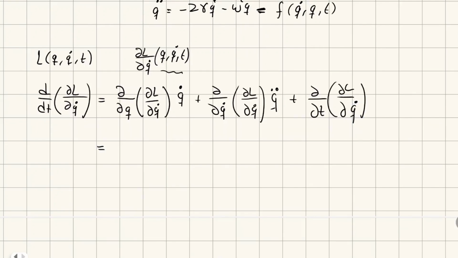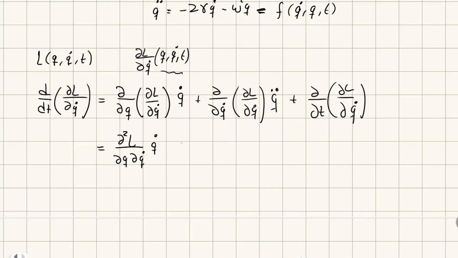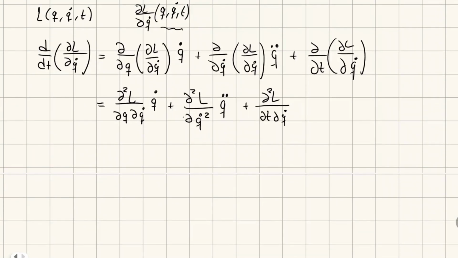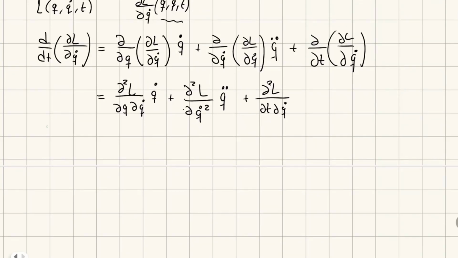We can rewrite this as the second partial of L with respect to q and q dot times q dot, plus the second partial derivative of L with respect to q dot twice times q dot dot, plus the second partial of L with respect to t and with respect to q dot. Remember that in the Euler-Lagrange equation we also need the partial of L with respect to q, but that remains the same; we cannot do anything to this.